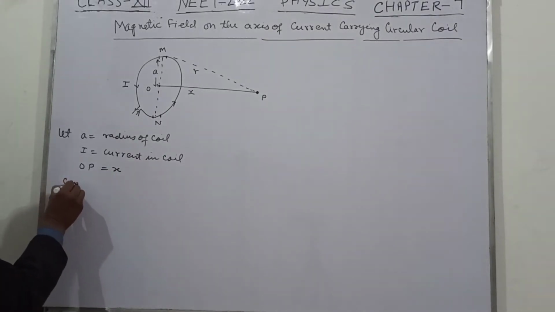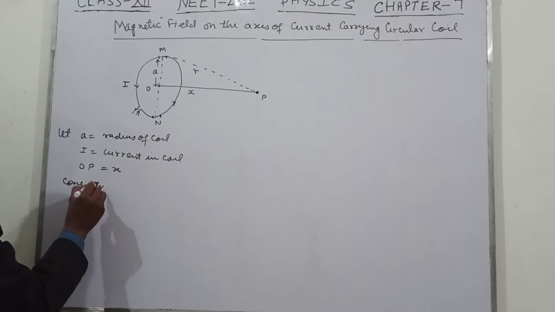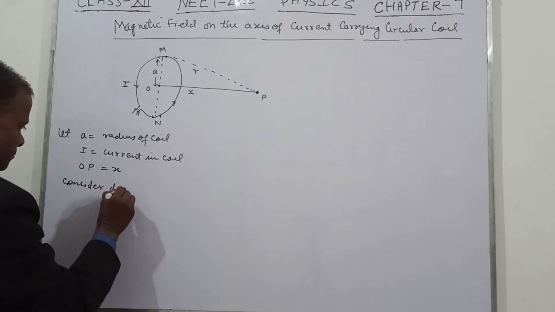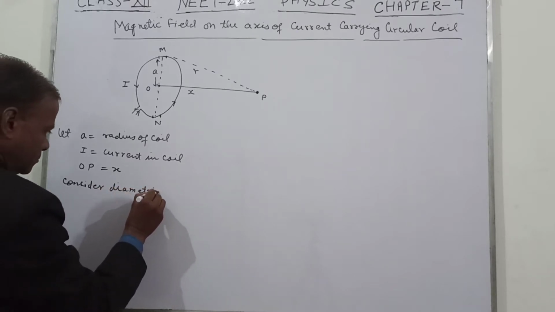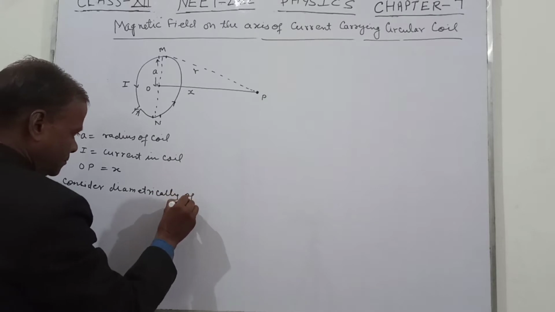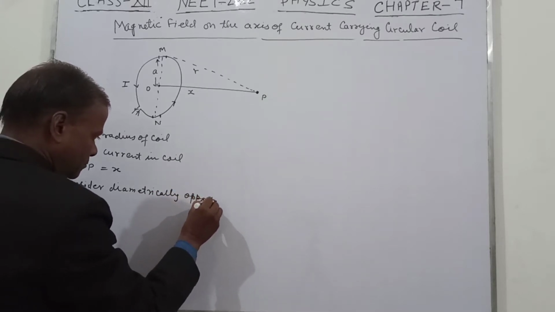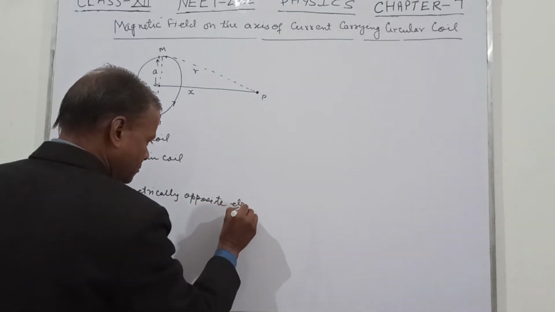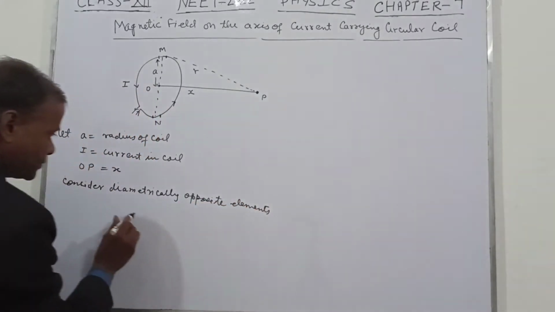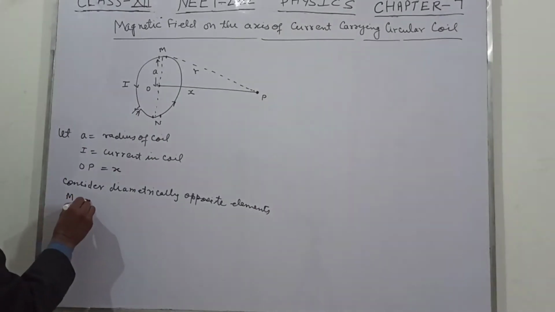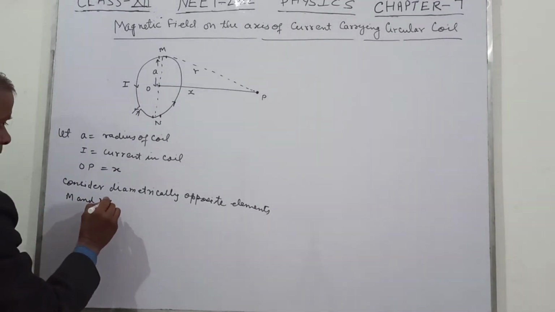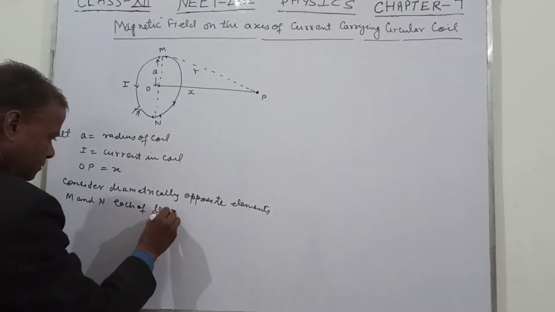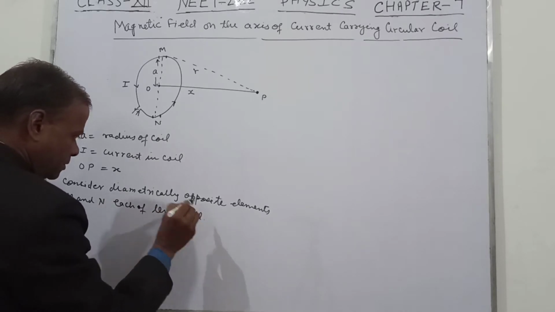Consider opposite elements M and N, each of length dl.